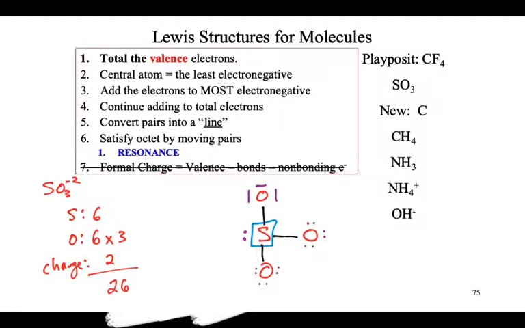That becomes important when we move into the next category of Lewis structure, which is shape. And I have to differentiate the groups of electrons. Okay? So let's go through, and I'm actually going to do that line thing on the sulfur.